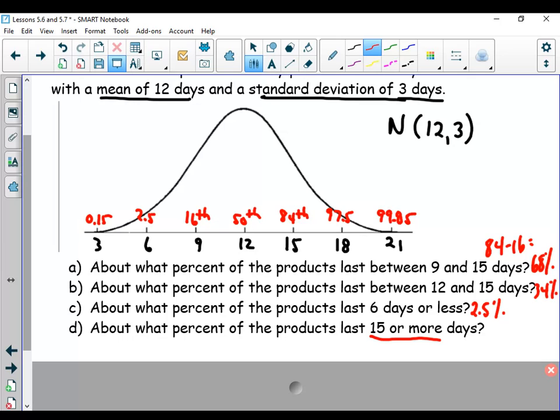You do 99.85 minus 84. Almost. Even though this was the last one we labeled, we're going to think about all the values, so we'll start with 100. But you have the right idea as far as the subtraction. So 100 is going to be all our values. The 15-day mark was at the 84th percentile. So roughly 16% of the values would be more than that 15 days.